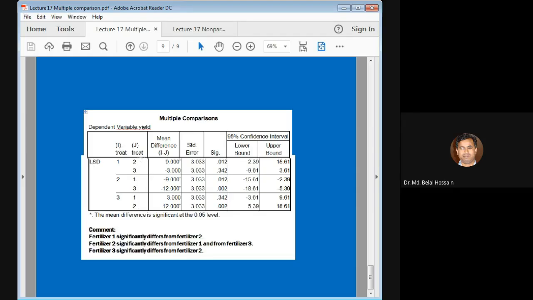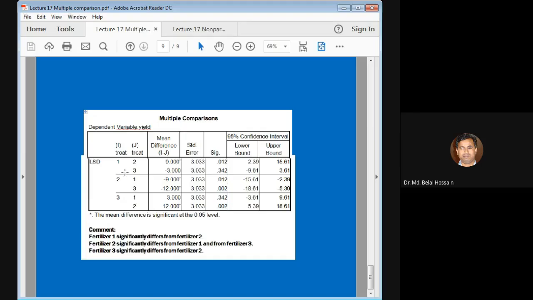We have three groups, so we have 1, 2, 1, 3, 2, 3. These are the three groups we needed. But computer calculated all possible ways, so it has a repetition. Okay, 2, 1. This same thing on 2. Okay, 2, 3, 3, 2. These are the repetition. So you need only that three groups: 1, 2, 1, 3, 2, 3.